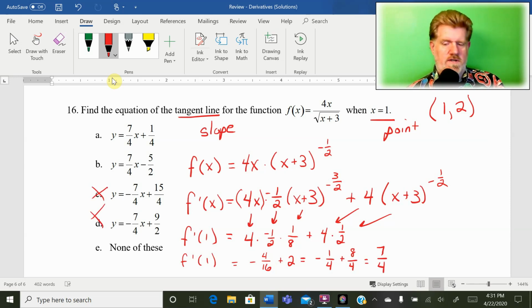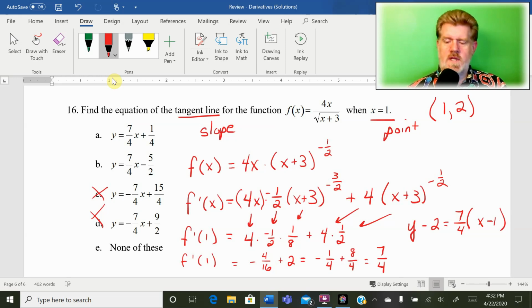Now I got to find the equation of my line. And you know me, I like point slope form. But you notice it's not one of the answers, so I got to solve it for y. So y equals 7/4 x minus 7/4 plus 2.